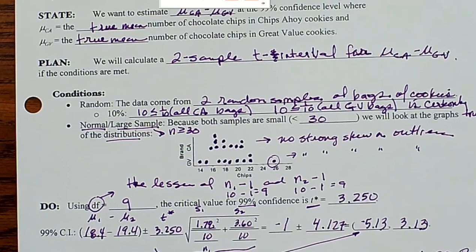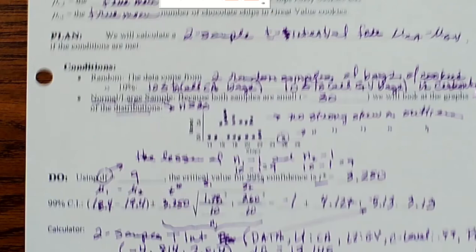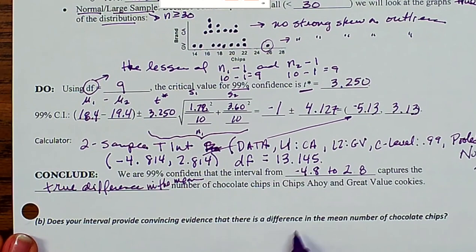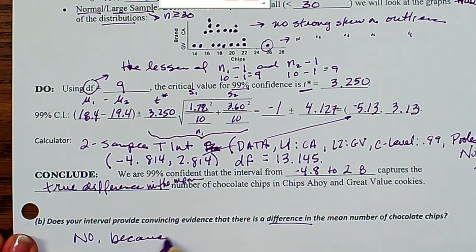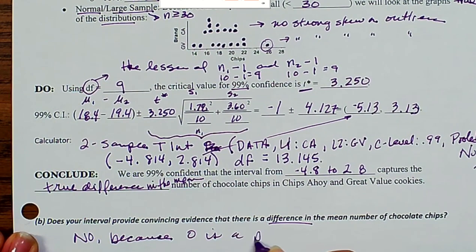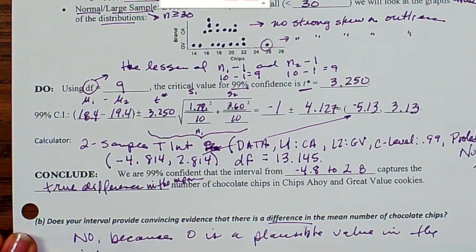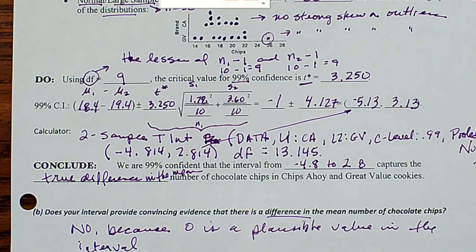So the question is, does your interval provide convincing evidence that there is a difference in the mean number of chocolate chips in the cookies? And the answer here would be no, because 0 is a plausible value in the interval. Okay, so that's our confidence interval for a difference between two population means.